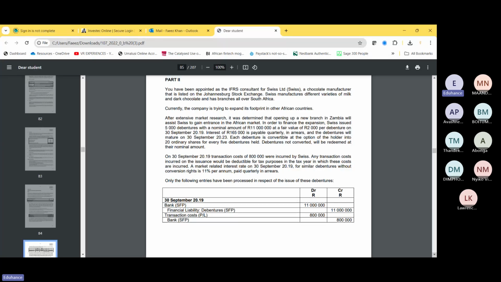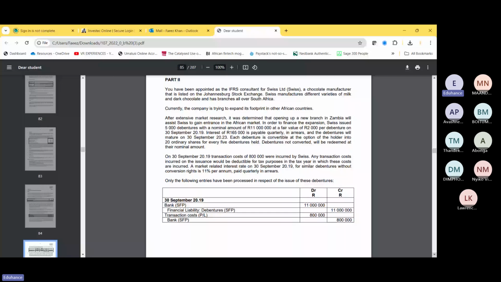In this case, you are giving a debenture and getting money in return. So the other party would have the investment, which will be the financial asset, and on your side, you are on the liability and equity side. So as it stands, up until where we just read, we basically have a liability.